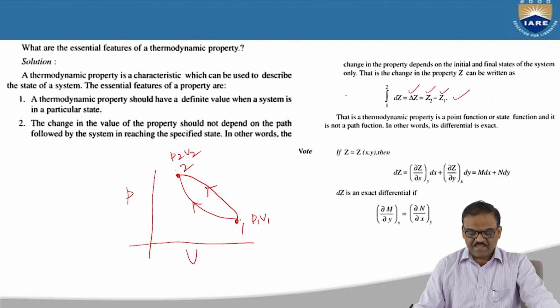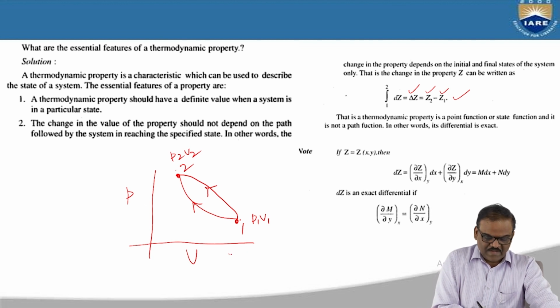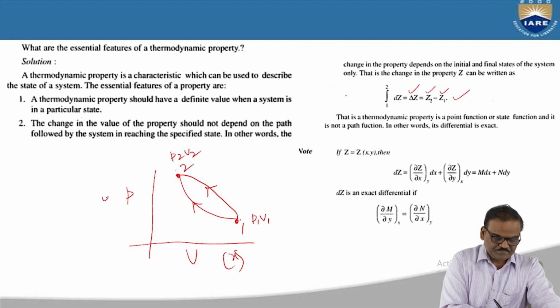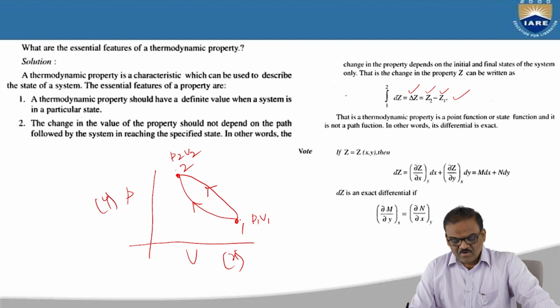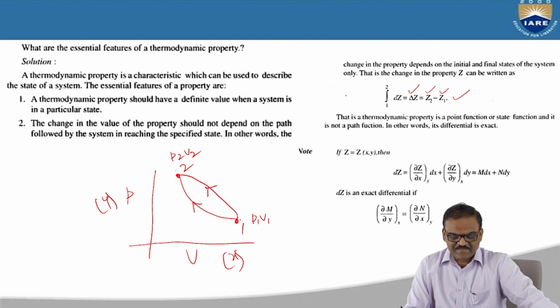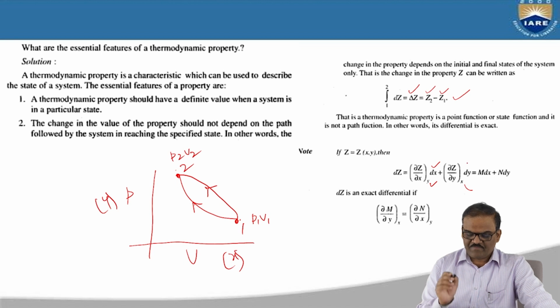And if z is a function of x and y, then if you partially differentiate, with P and V meaning x and y, dz is equal to dou z by dou x, keeping y constant, into dx, plus dou z by dou y, keeping x constant, into dy.